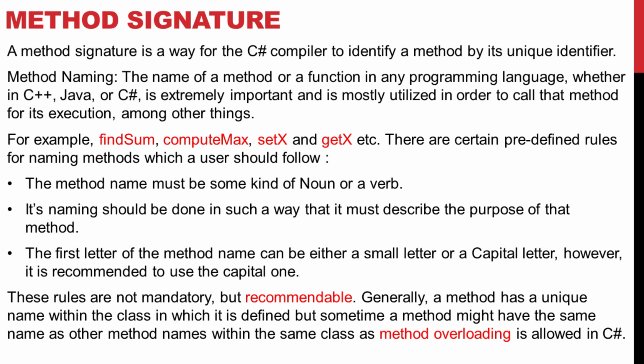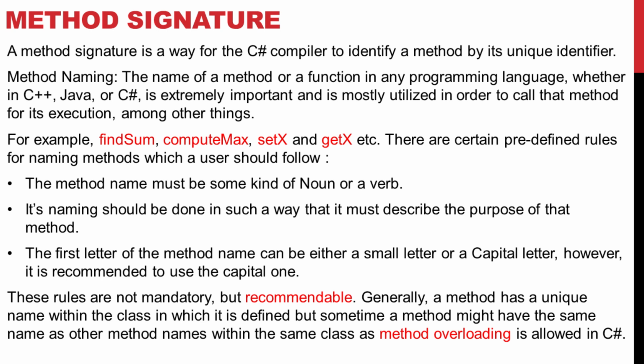Method naming. The name of a method or a function in any programming language, whether C++, Java, or C#, is extremely important and is mostly utilized in order to call that method for its execution, among other things. For example, FindSum, ComputeMax, and so on. There are certain predefined rules for naming methods which a user should follow. The method name must be some kind of noun or a verb.